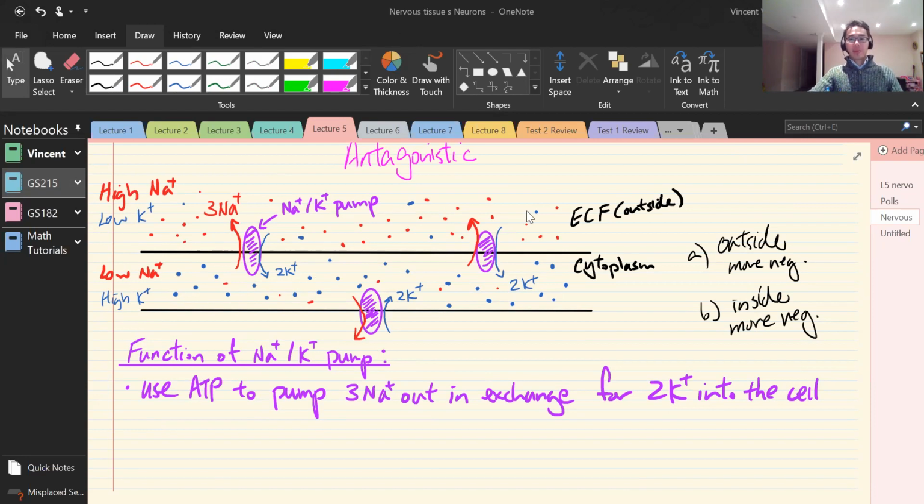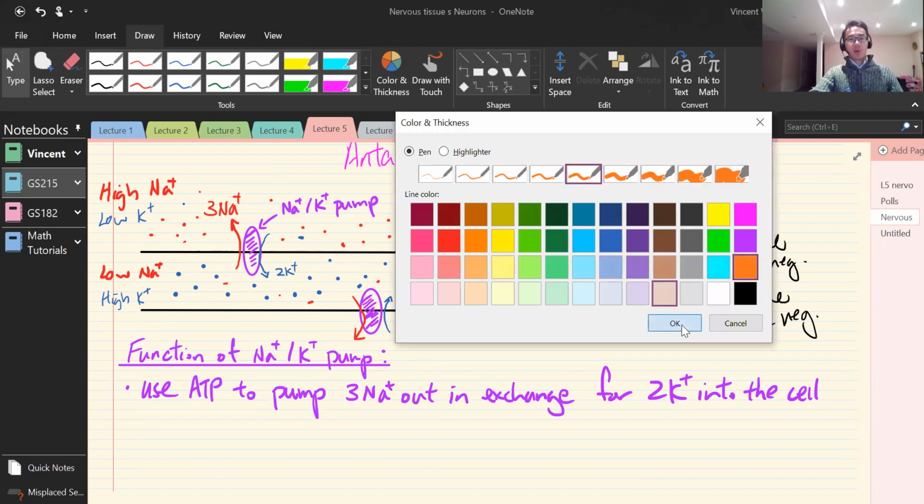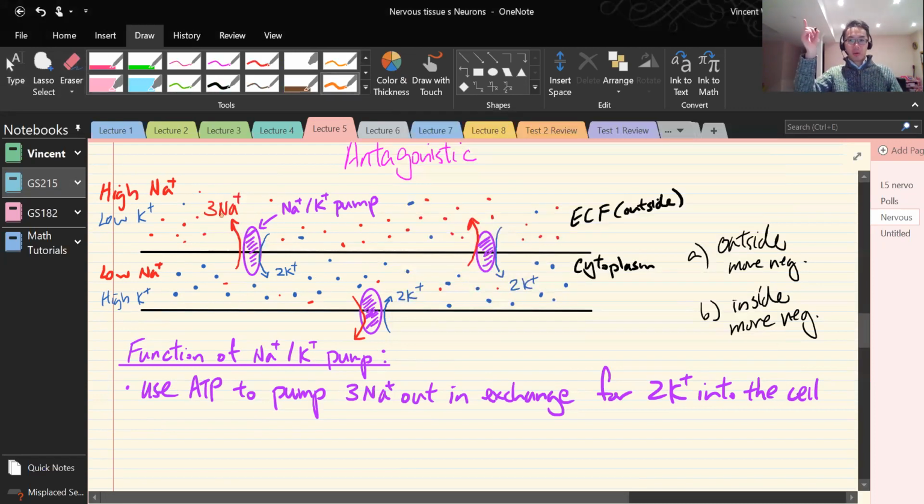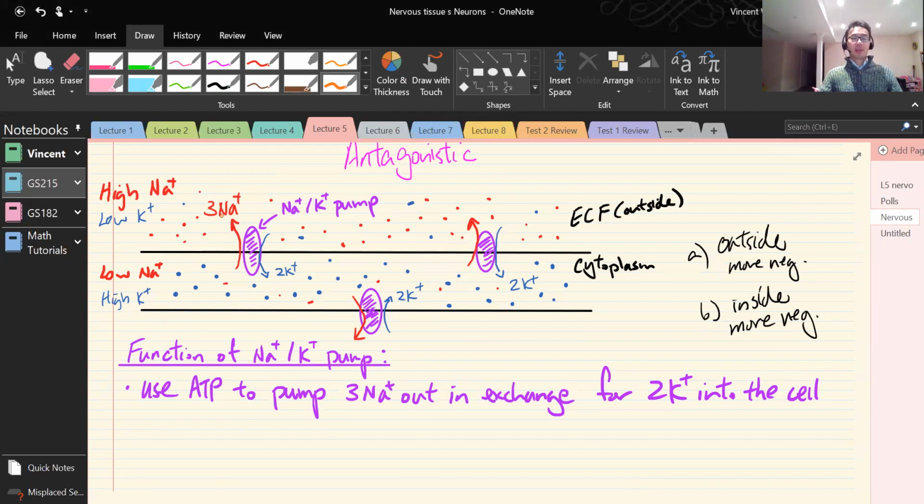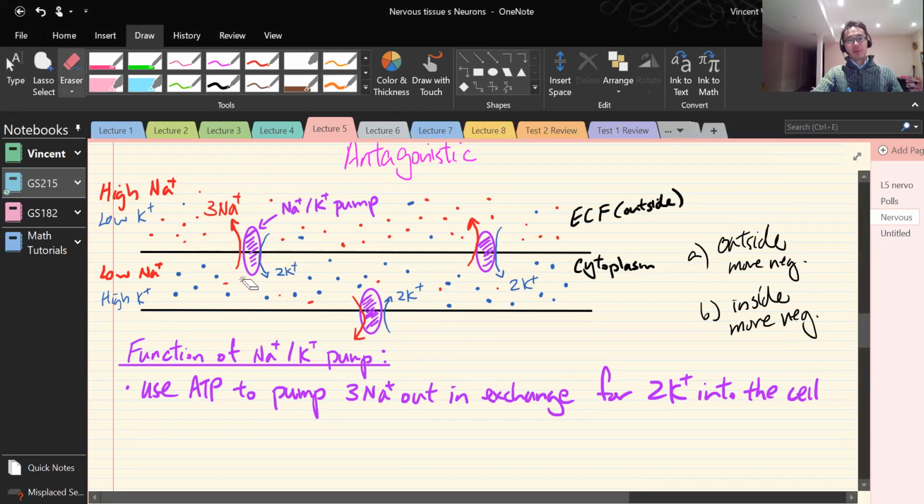And why is that the case? Let's think about this. We are pumping 3 positive out, but 2 positive in. If you do a little bit of math, every time this completes a cycle, you are pumping 1 positive out. So overall, you are pumping a positive out. If you keep on doing it, then the outside will become more positive.